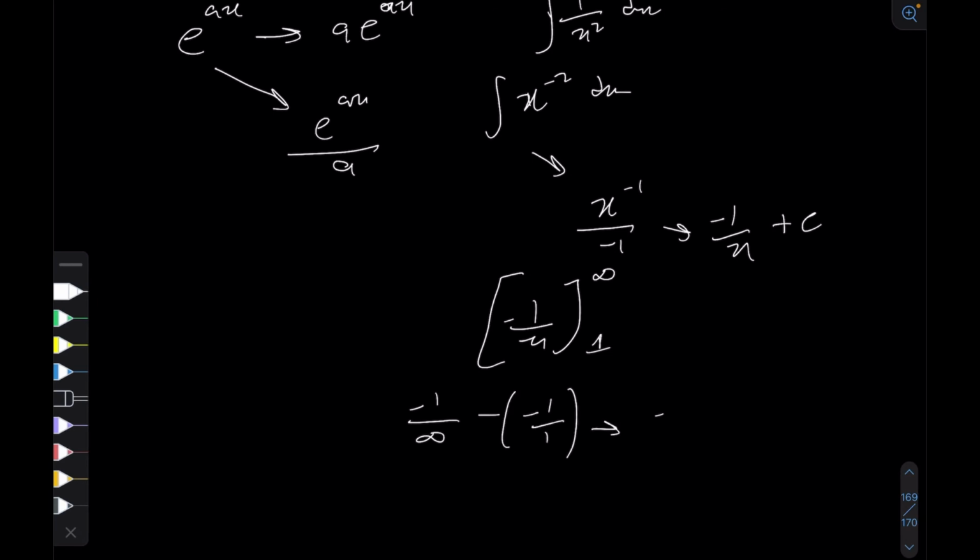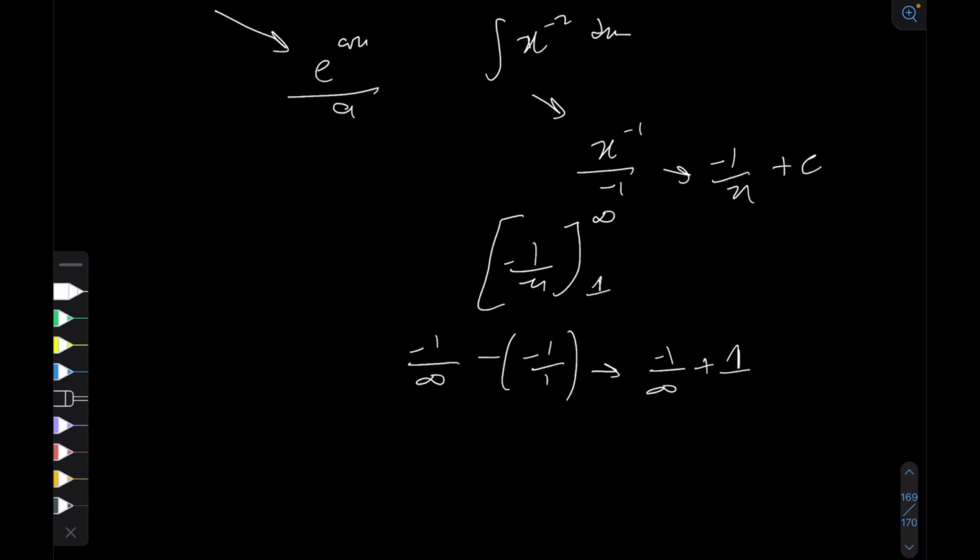This is minus 1 over infinity plus 1. Anything over infinity is 0, so this will turn out to be 0, and this is 1. So there is this certain graph that when you find its area between 1 to infinity, it gives you this value 1, which might look weird that you are finding area up to infinity, but it's giving you a finite value.